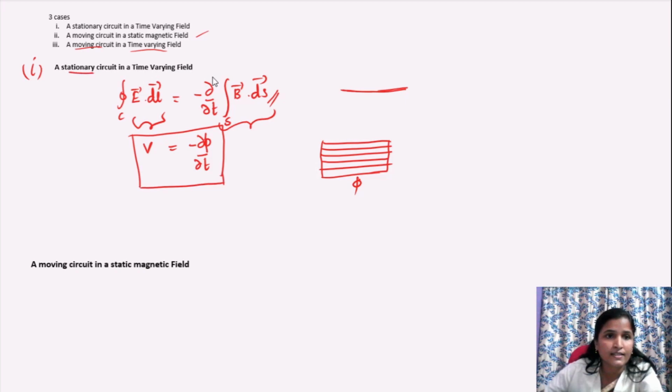That is, the circuit is stationary in a time varying field. We have varied the magnetic field, so the circuit is placed in a time varying field. Now, what is the meaning of this equation?